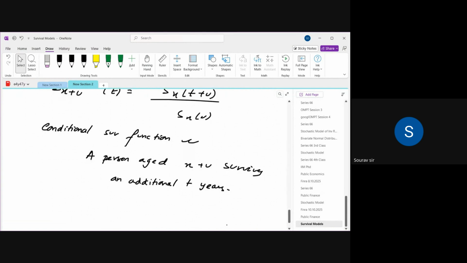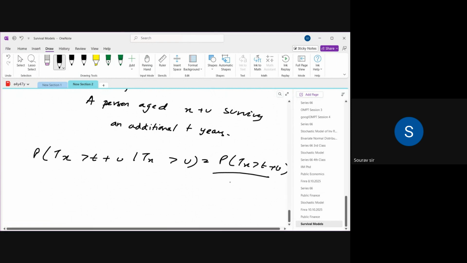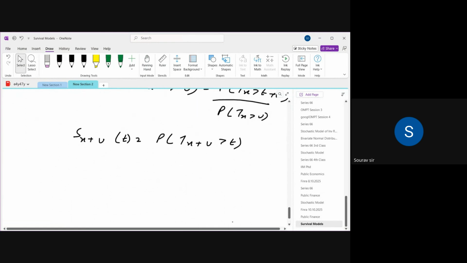Why am I telling you this? If you start like P(T_x greater than t+u) given T_x greater than u, then S_{x+u}(t) will be P(T_{x+u} greater than t), that is equal to S_x(t+u) divided by S_x(u).